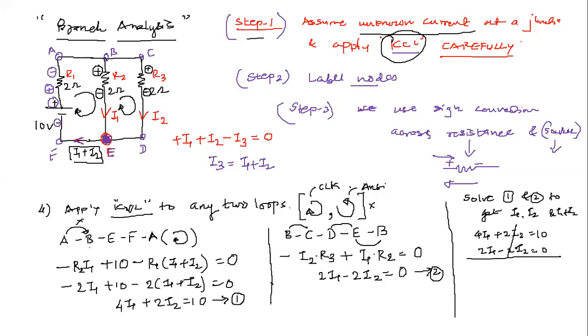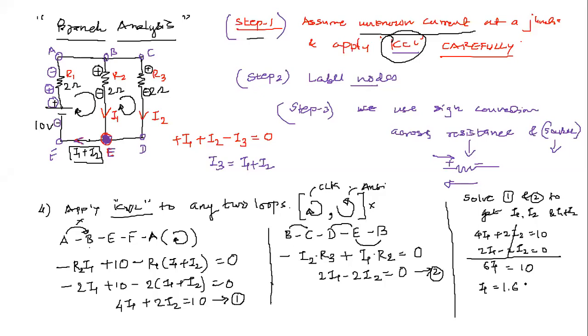Anyway, this gets cancelled out. What you'll get is 6I1 is equal to 10, right? So your I1 will come out as 10 divided by 6.